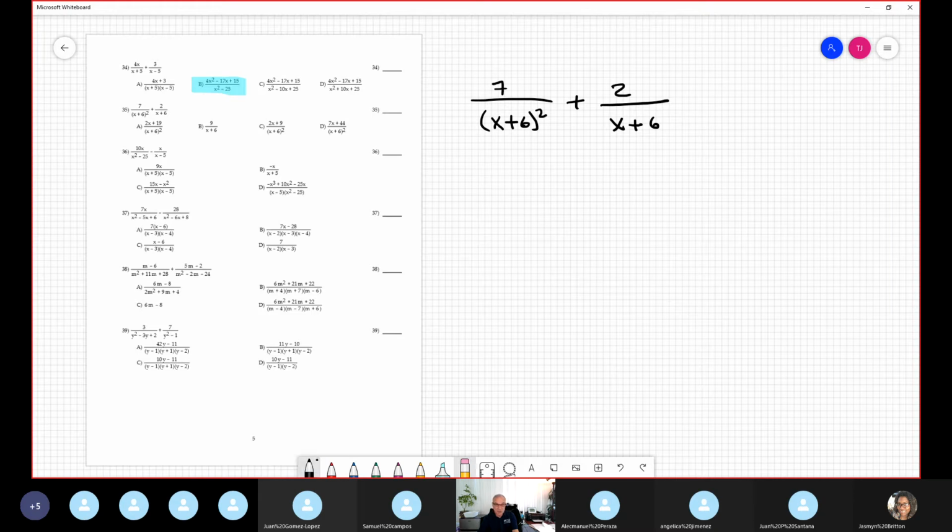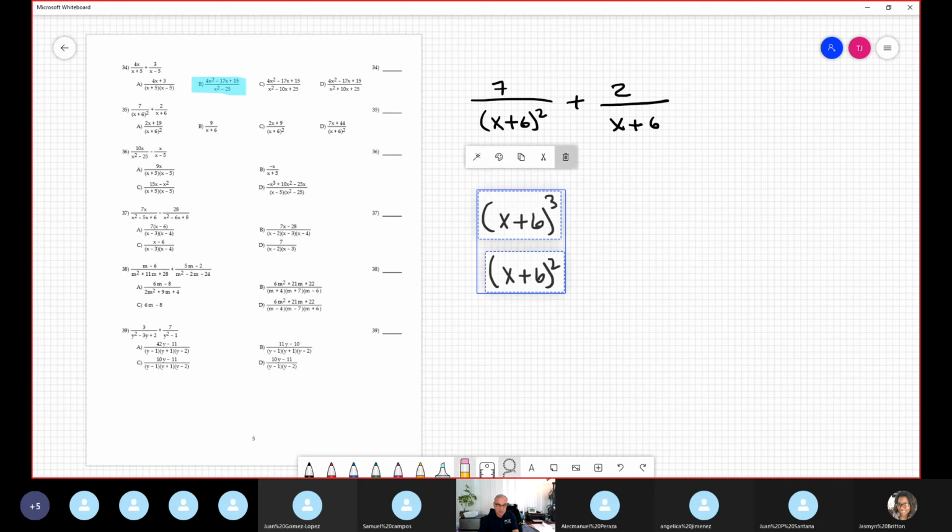Obviously x plus 6 cubed is a common multiple, but I need to take the least common multiple. This is the least common multiple.